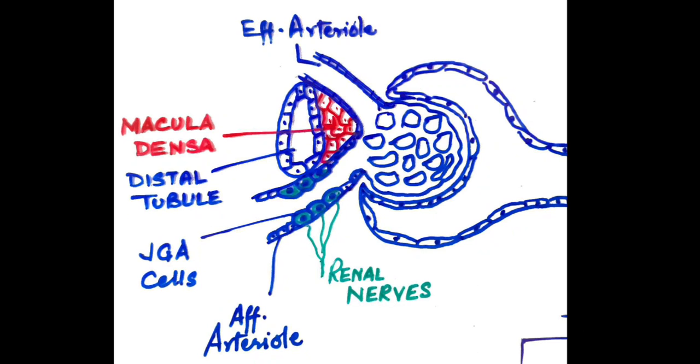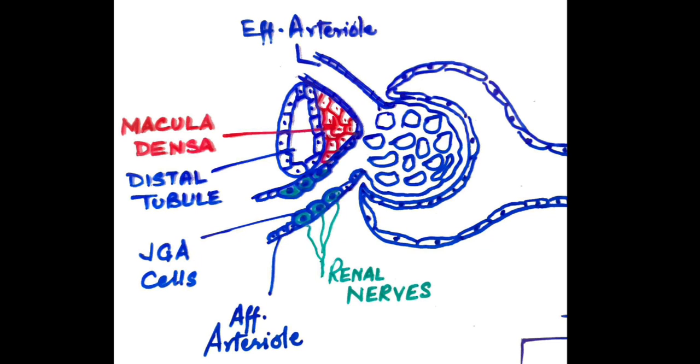Number two, if the vessel pressure or the blood pressure is low. Here we should say vessel pressure because we are taking the efferent or afferent arteriole into account. So the second situation is low pressure.